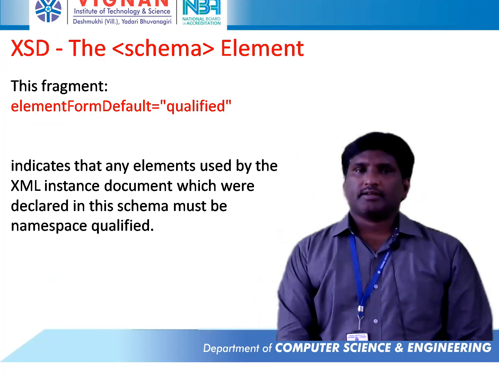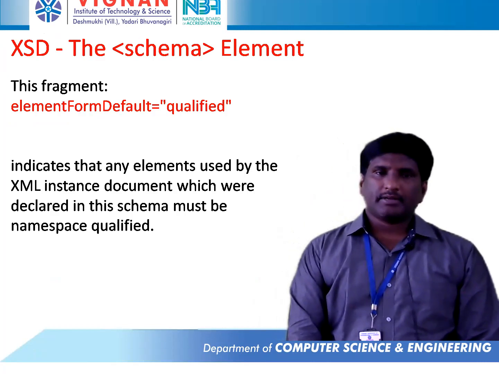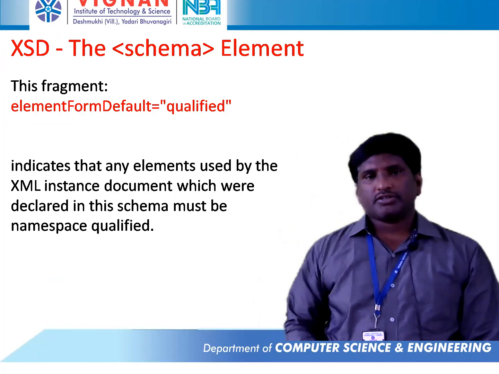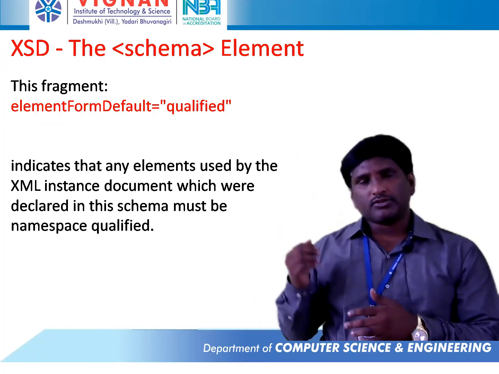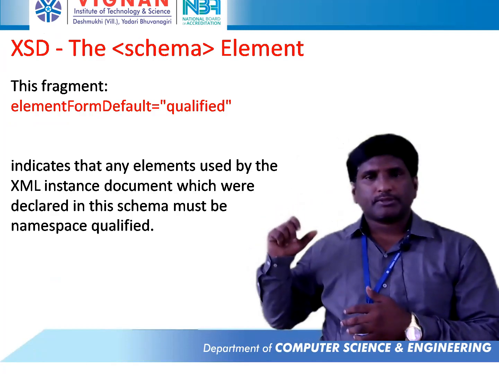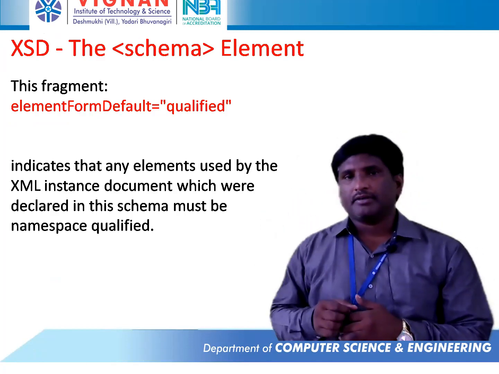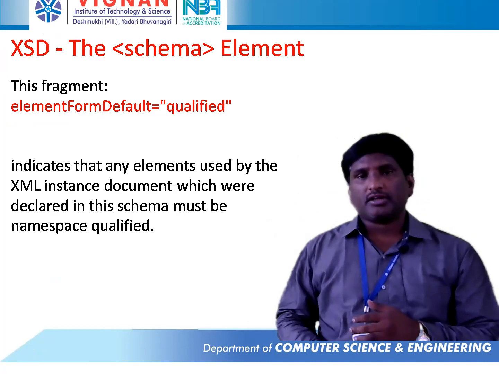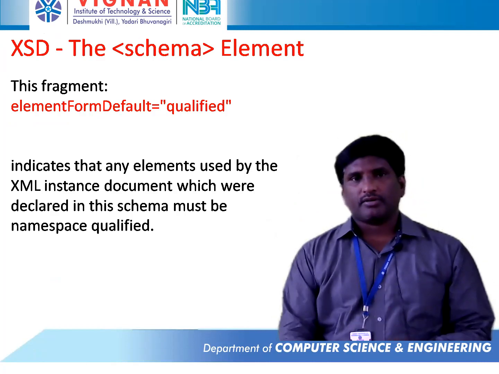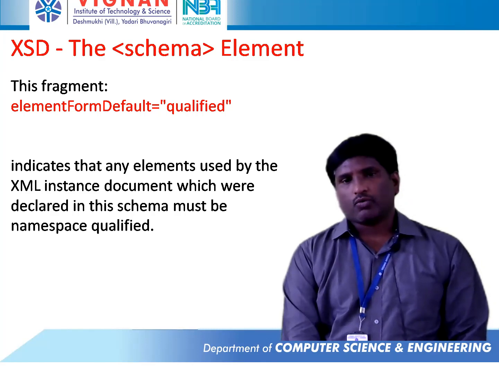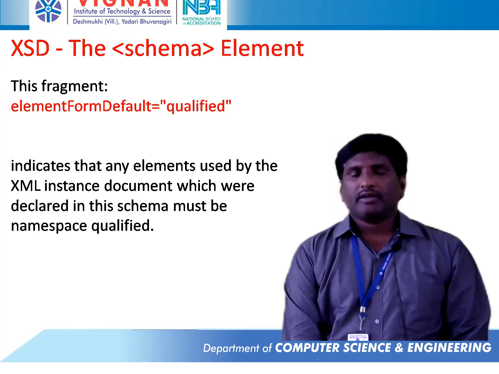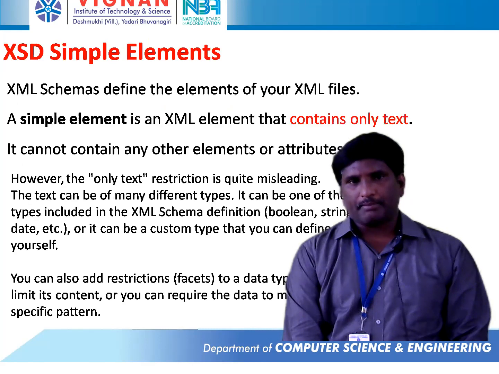That indicates that any element used by the XML instance document which was declared in the schema must be namespace qualified. Whatever path we specify should be qualified, and we should mention that in the XML schema itself. That's what elementFormDefault qualified is. Anyway, we will learn these things by using an example.